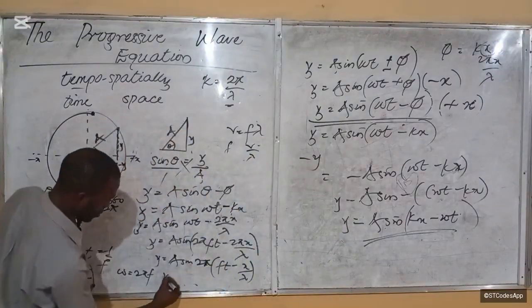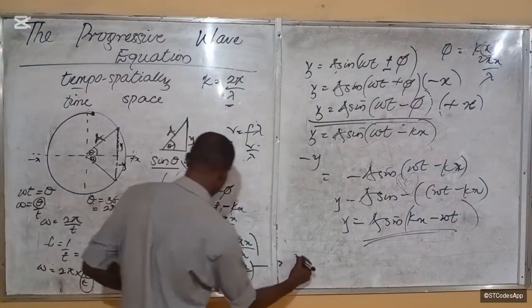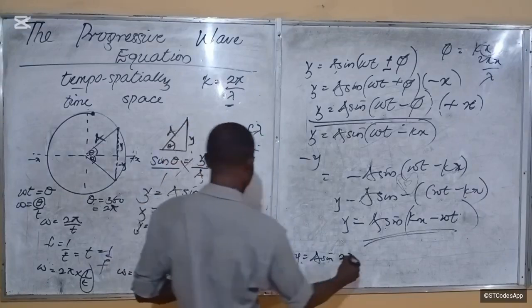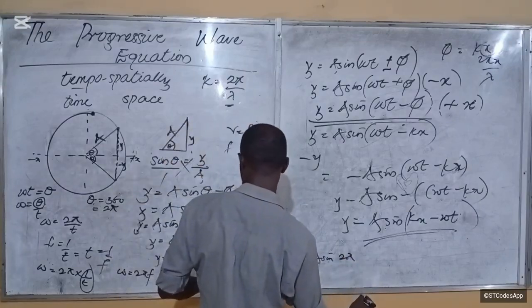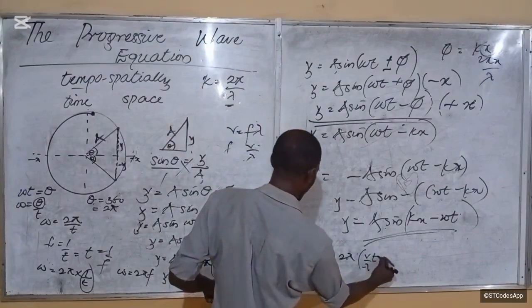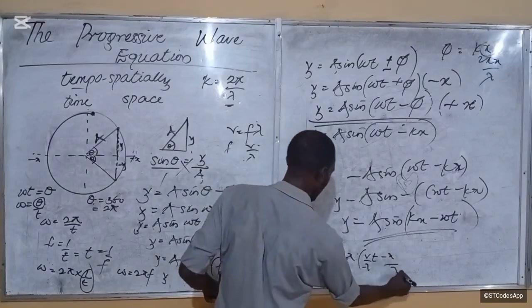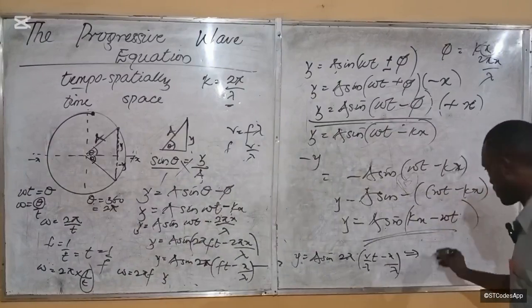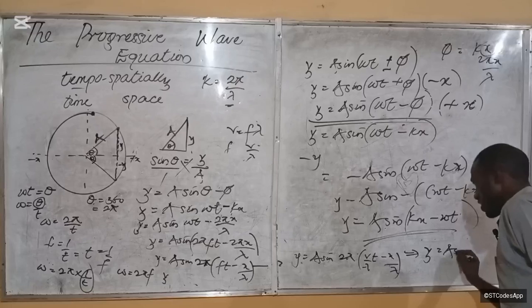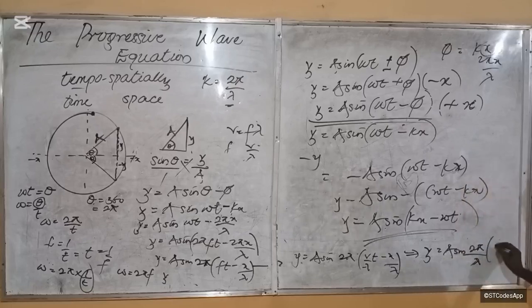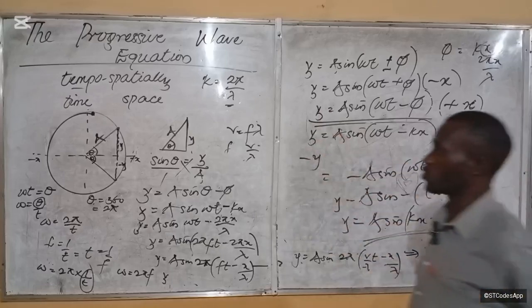Therefore, I can say that y is equal to a sin of 2π f, which is now v over lambda, times t, minus x over lambda. So 1 over lambda is common, and y equals a sin of 2π over lambda, into the bracket (vt − x). So these are the different forms of the equation that you can work with.